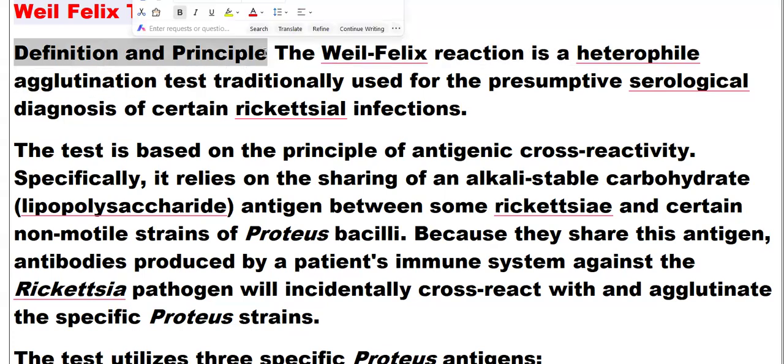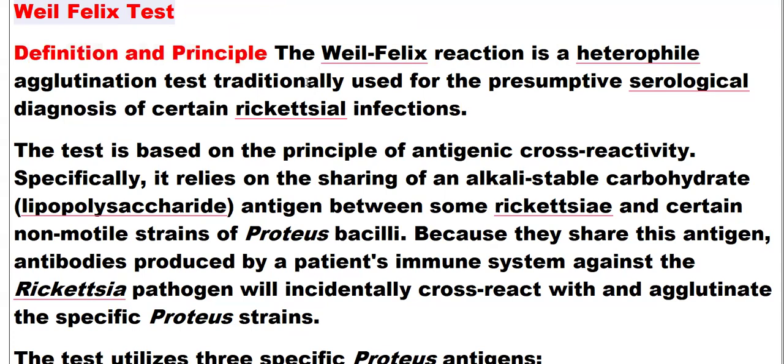Weil-Felix reaction is a heterophile agglutination test traditionally used for the presumptive serological diagnosis of certain rickettsial infections. The test is based on the principle of antigenic cross-reactivity.